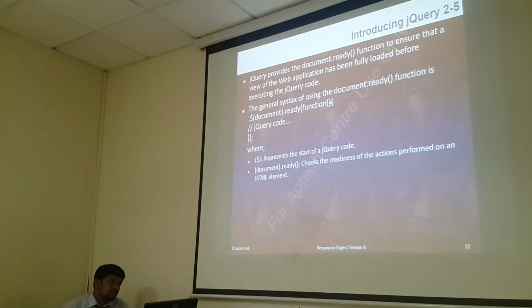After that it will have some function, and inside the curly brackets you specify what it should execute after document ready. Dollar represents the start of jQuery, and document.ready checks the readiness of the action performed on an application. When to execute that is controlled by the document.ready function. So how to create that, we will start.